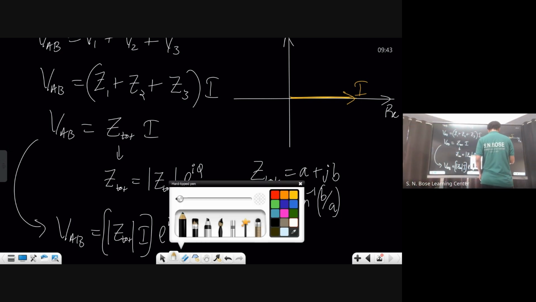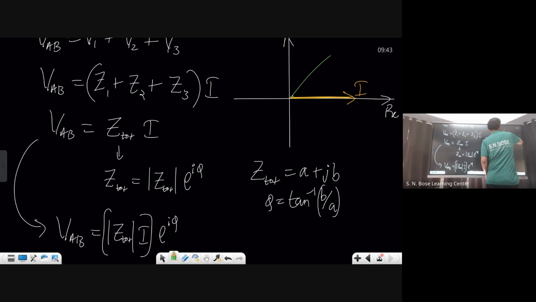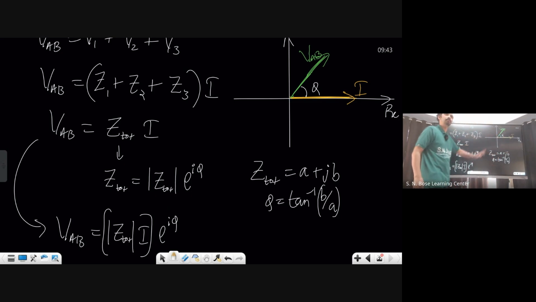This will be your VAB, at either plus phi or minus phi. That doesn't matter. Current I'll take real, then this complex quantity has that Argand representation. So that phi is the phase difference, lead or lag, which you decide depending on whether it is positive or negative.